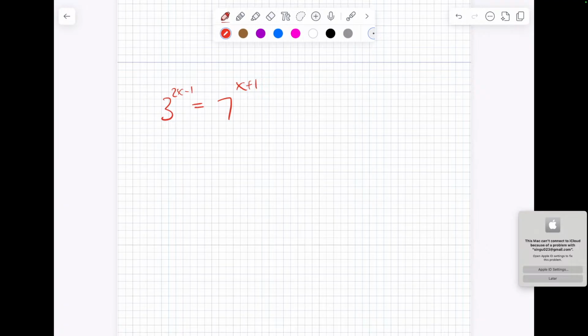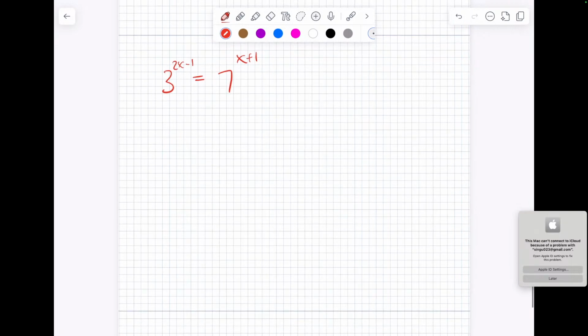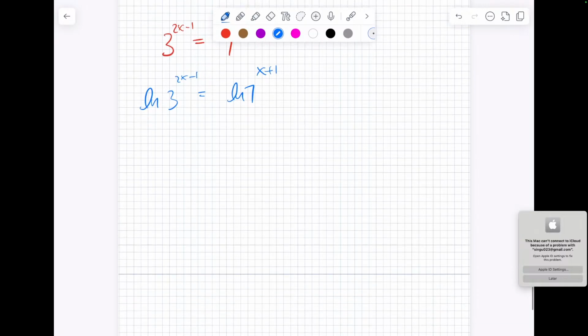The alternative is to apply the natural log to both sides. So you apply the natural log to both sides. Now it's a lot of math from here.